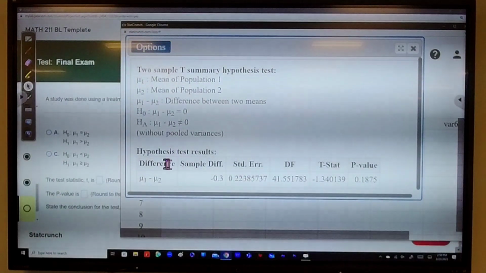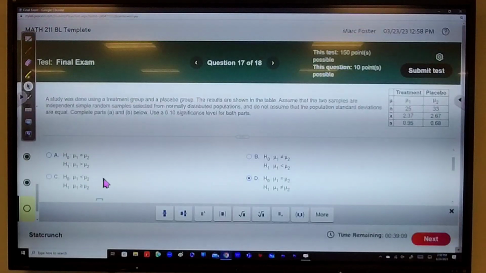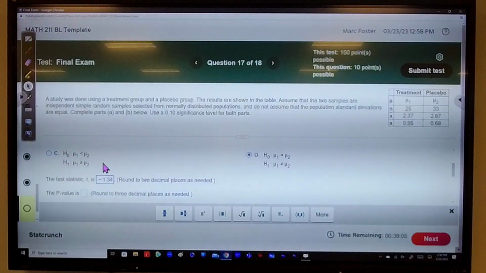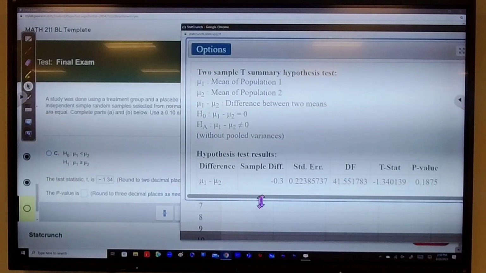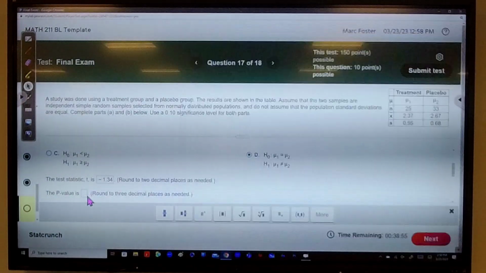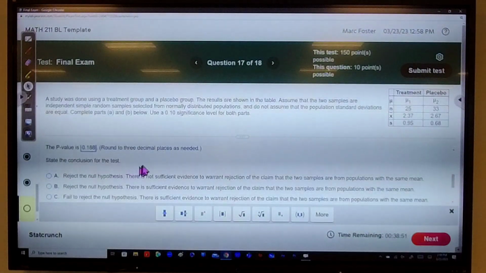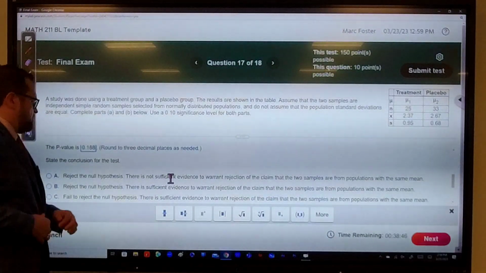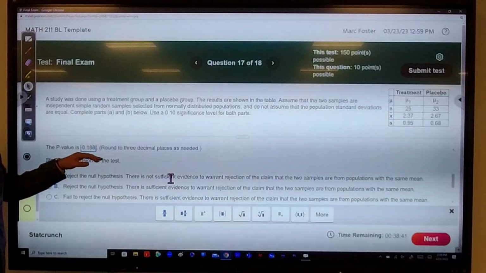So my t-stat is minus 1.34. My p-value to 3 decimal places is 0.188. And now to state the conclusion. Well, an 18% chance of being wrong is big, right?